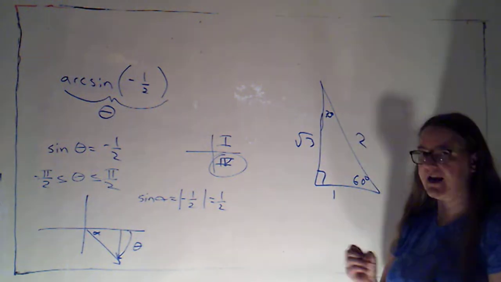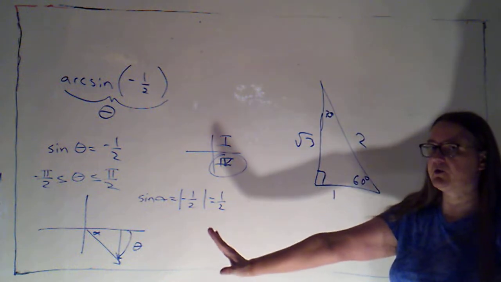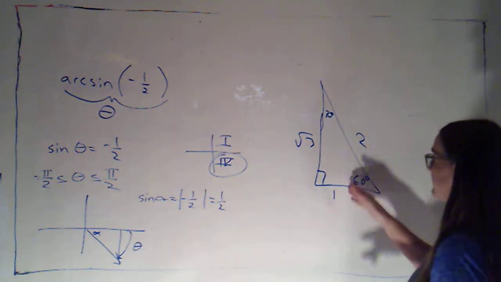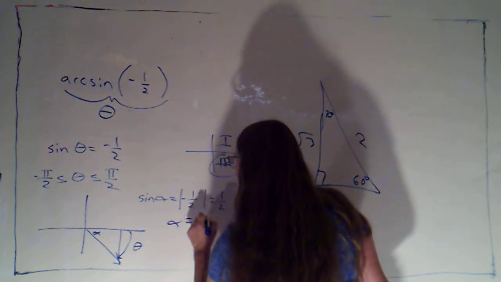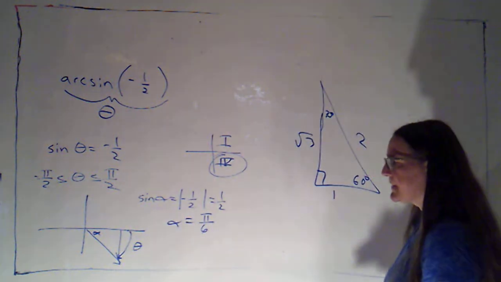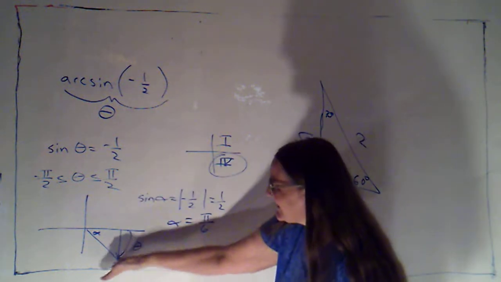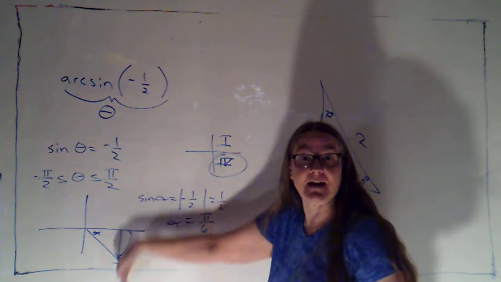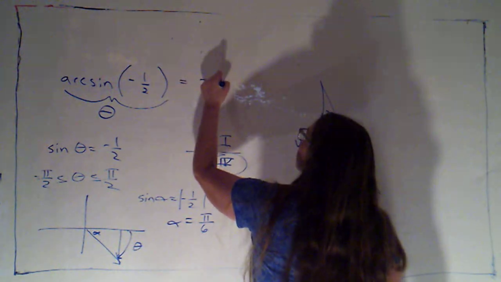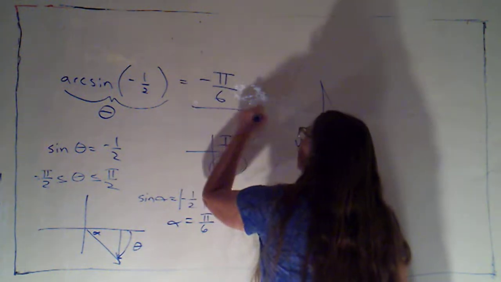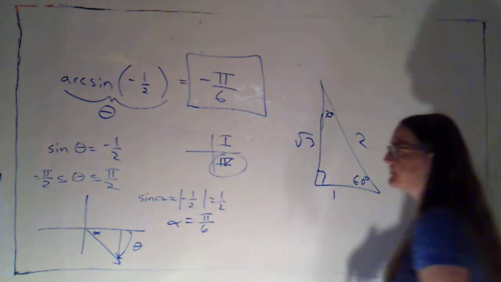The definition is in radians unless you are told to work in degrees. So it's 30 degrees, but I would convert that to radians. So alpha would be pi over 6, but I can see I want theta to basically just be the opposite of that, because I'm going to rotate that amount, but in the negative direction. So this would be negative pi over 6.